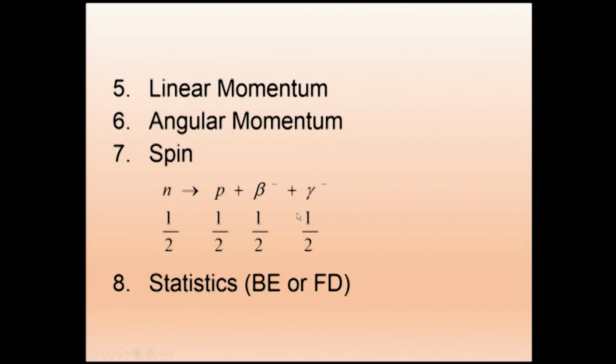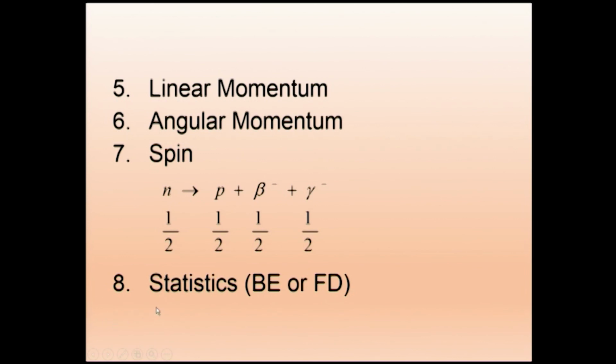Antineutrino is also a spin 1/2 particle, because all neutrinos and antineutrinos, according to the neutrino hypothesis, were found to be spin 1/2 particles. So they are all spin 1/2 particles. Each can have plus or minus 1/2, so the plus and minus 1/2 cancel and we get plus 1/2. So the spin will be conserved in this reaction.